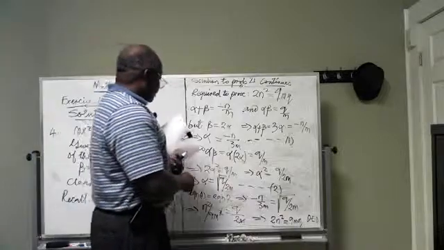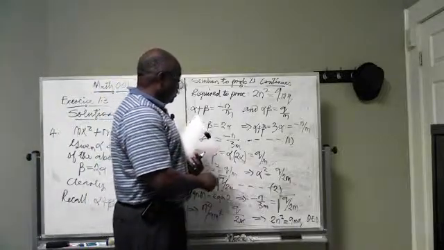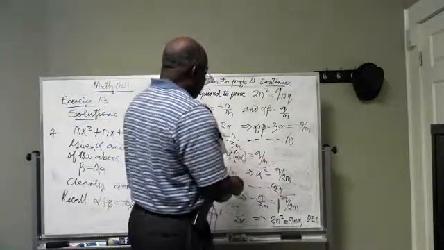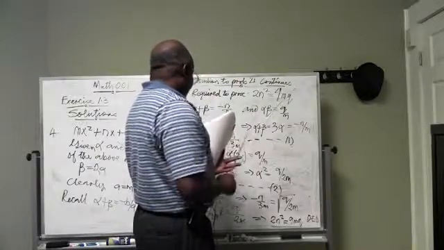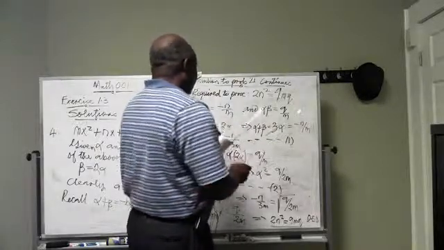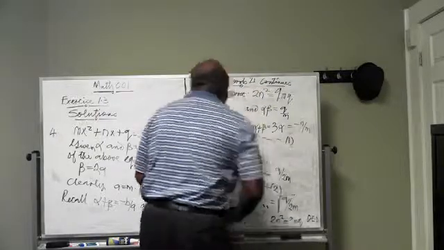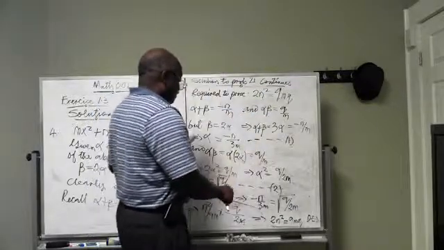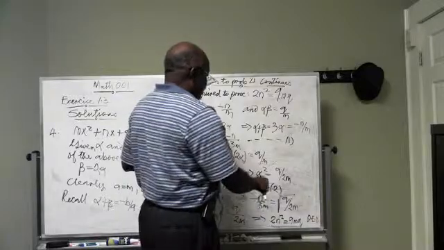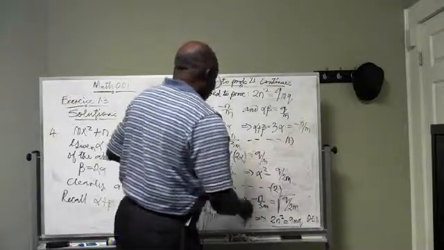Now, if we equate equation 1 to equation 2, this yields minus n over 3m equals the square root of q over 2m.